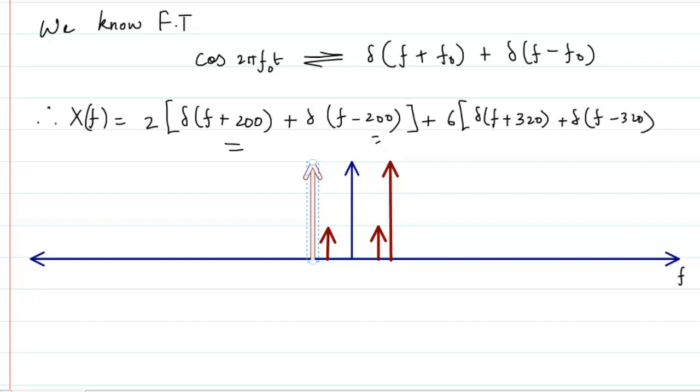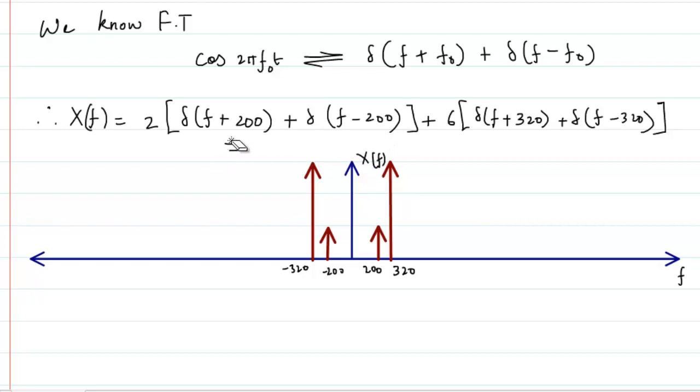This is what my x of f is. So here it is going to be 200, this is going to be 320, this is going to be 200, this is minus 200, this is going to be minus 320. Okay, but this is simply just x of f.